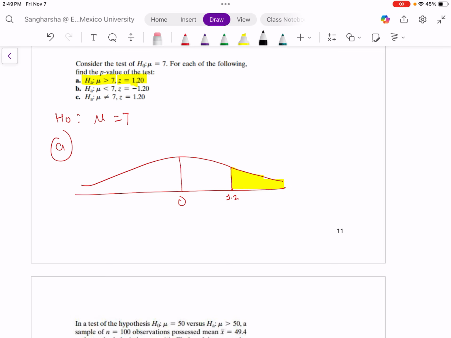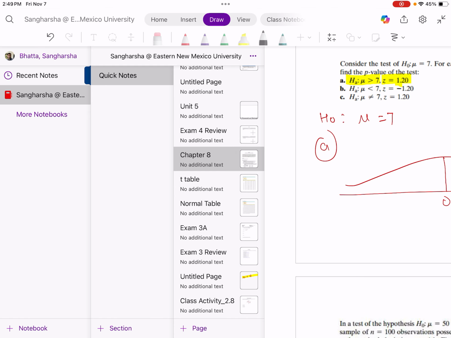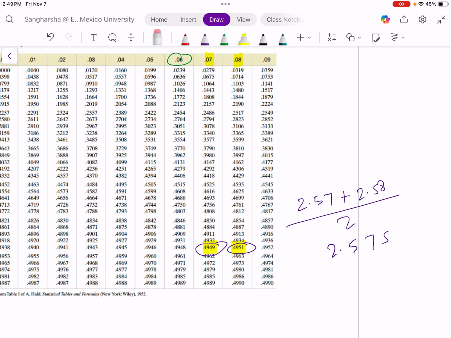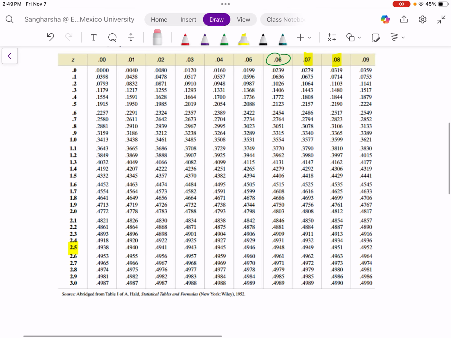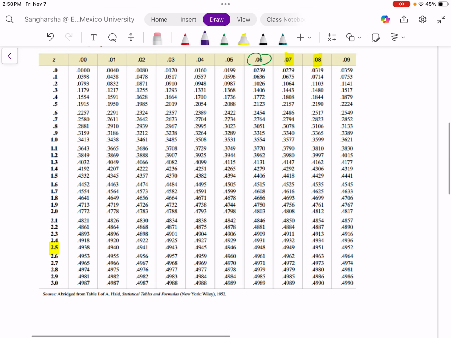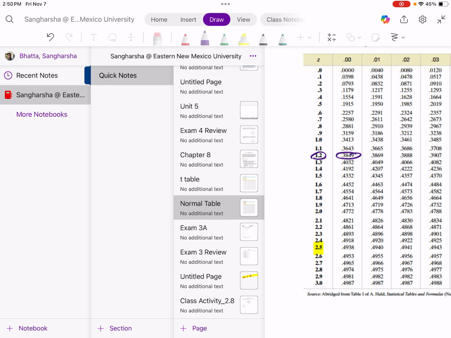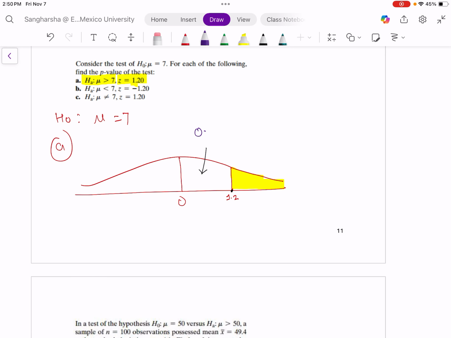Now let's find the area of this region. Since the z for this point is 1.2, we find 1.2 and the corresponding area, which is 0.3849.